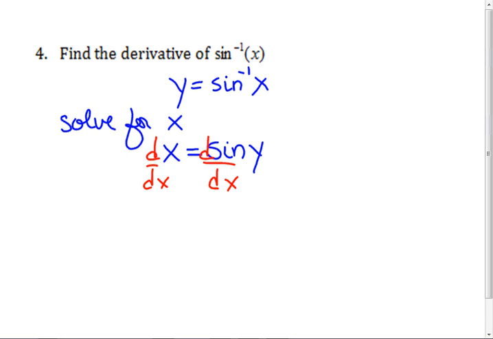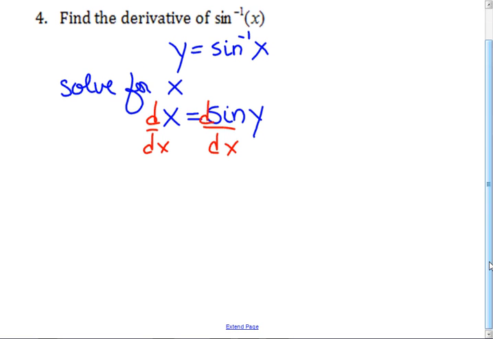So, Lizzie, what do I get? The answer is 1 over. Well, I know I want to do this, though. What's the derivative of the sine of y? Cosine of y times the derivative of the inside function. Okay. And so it's times dy dx.